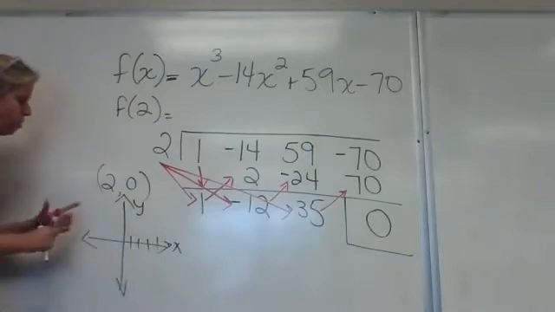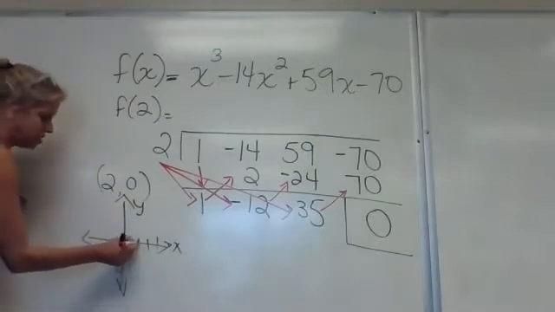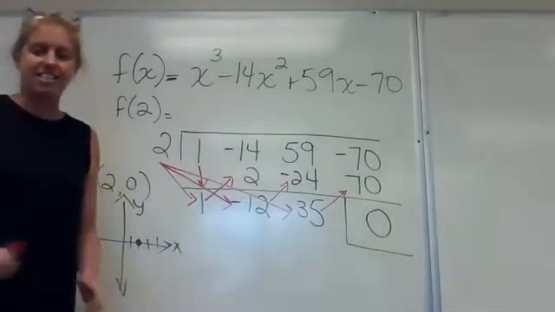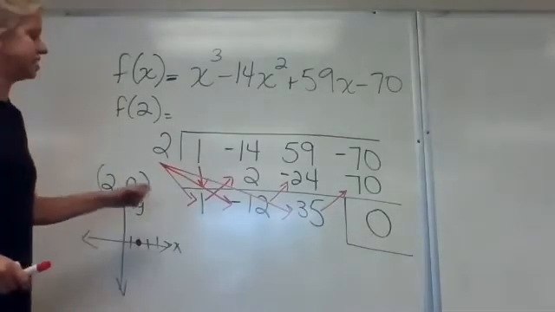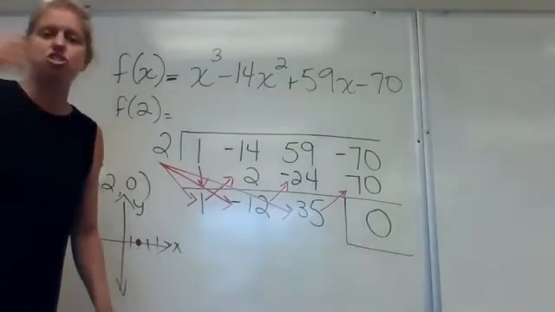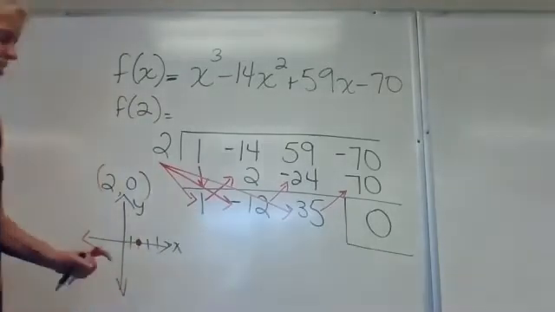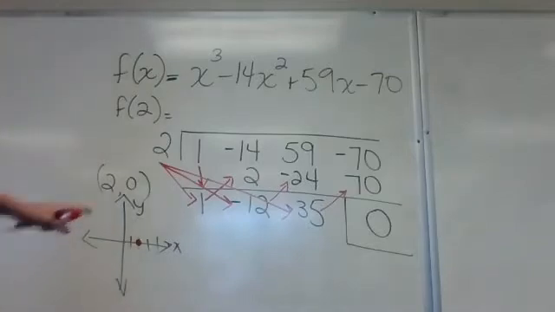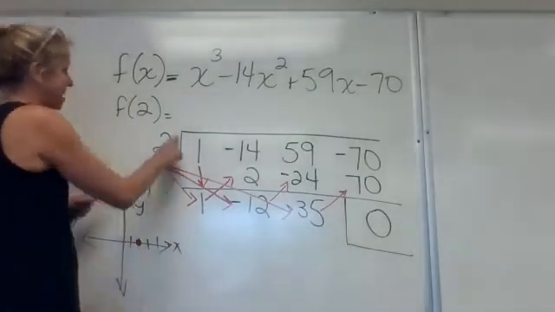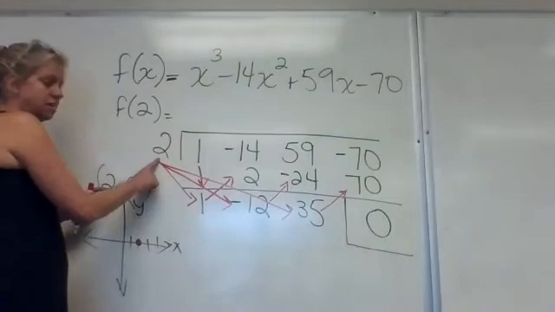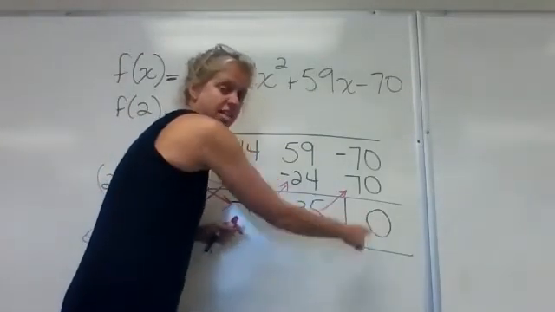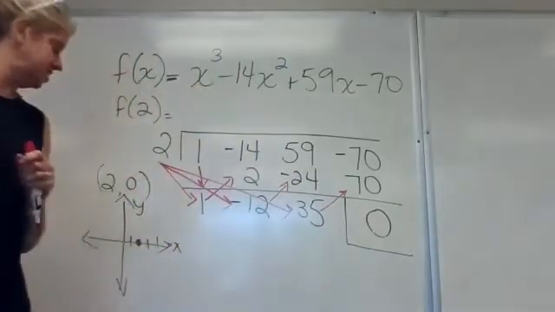If I plotted this point, (2, 0), I would go to the right 2, up and down 0. Look where that is, on the x-axis, which means it's an x-intercept, a solution, a 0. All those words can mean the same thing. So that's what you're finding, whether or not this x coordinate is an x-intercept. It is if what ends up on that last spot is a 0.